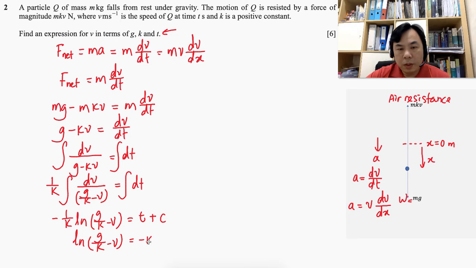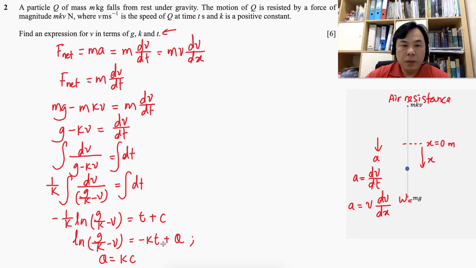Now that will be negative kt plus kc. I'm going to label kc using another constant here. Take for instance, I'm going to label that as q, where the q itself is k multiplied with c. Right, so that you are clear what is going on here.